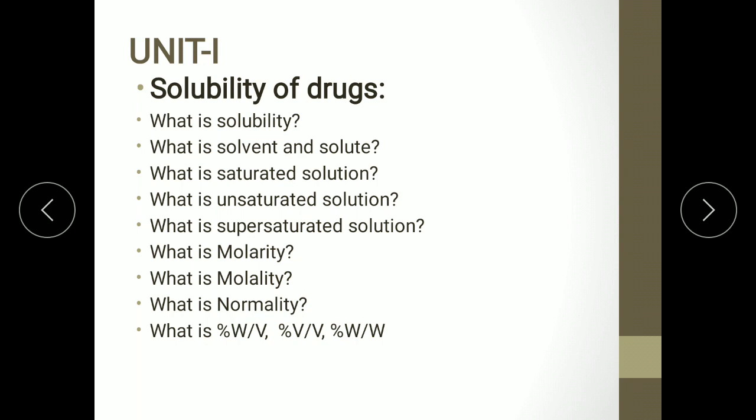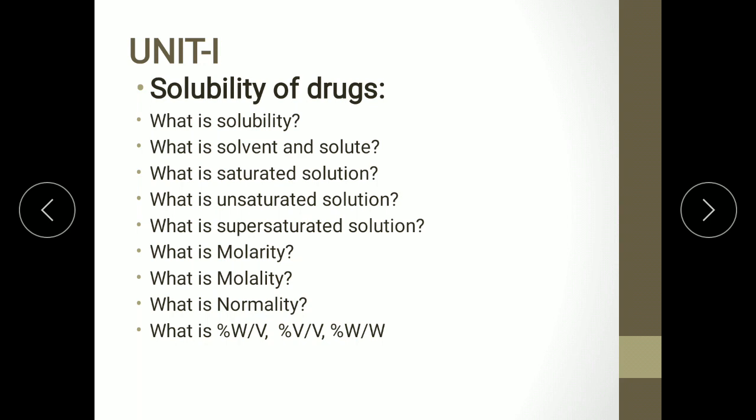Now what is gram equivalent weight? This you also studied in PUC level. There is molecular weight divided by valency, or other methods are also there to identify the gram equivalent weight of a particular molecule. I will not go into that detail here.